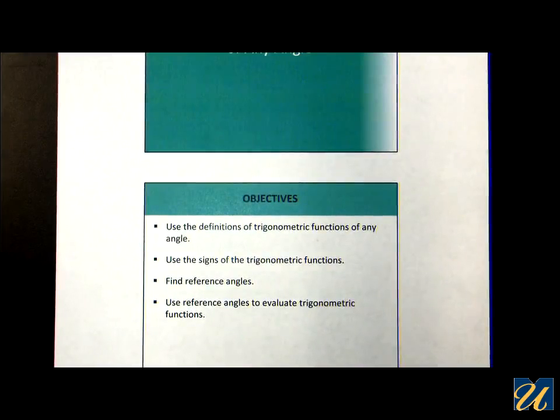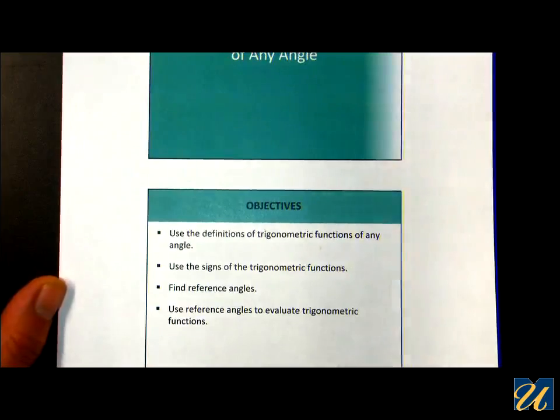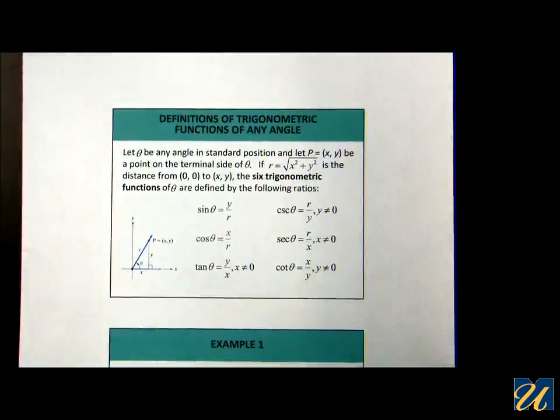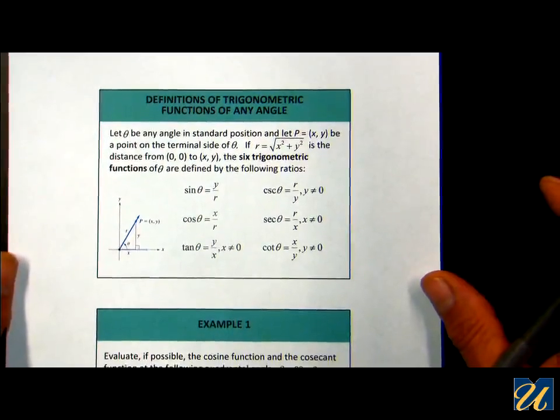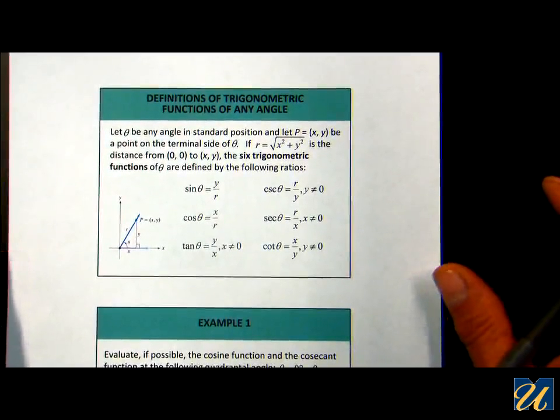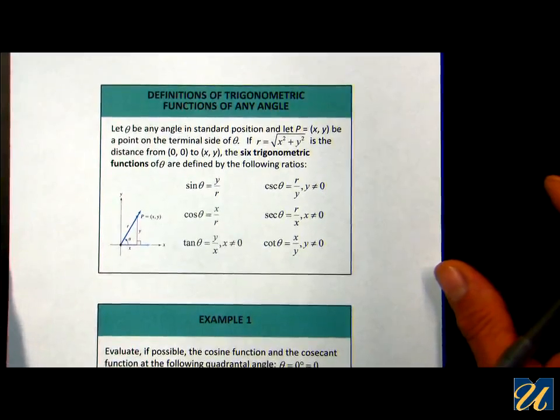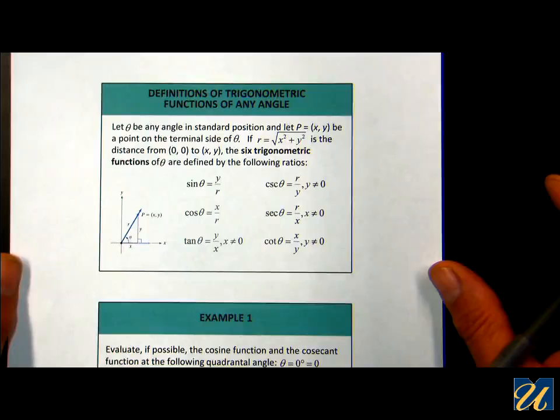Let's begin with some new definitions of the 6 trigonometric functions. The difference here between the right triangle definitions and these is that they're equivalent, but they are different.